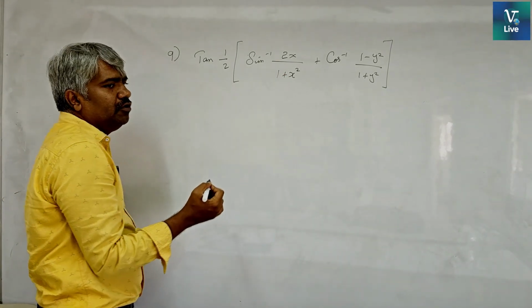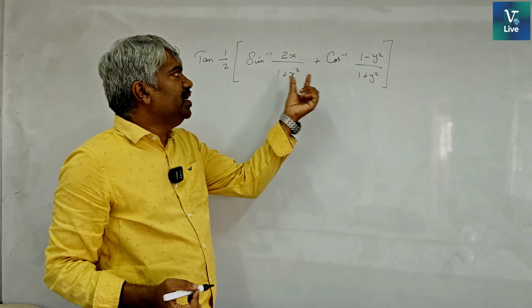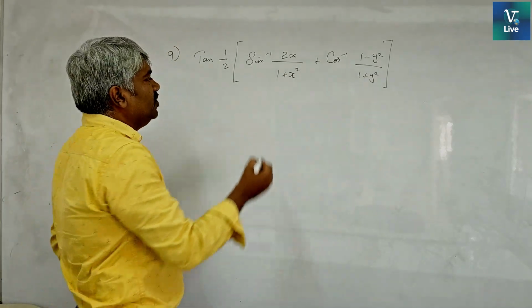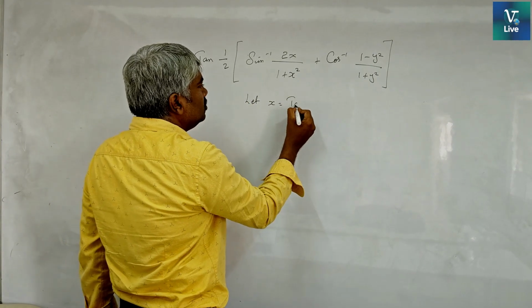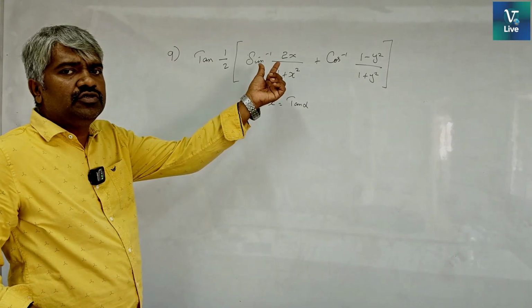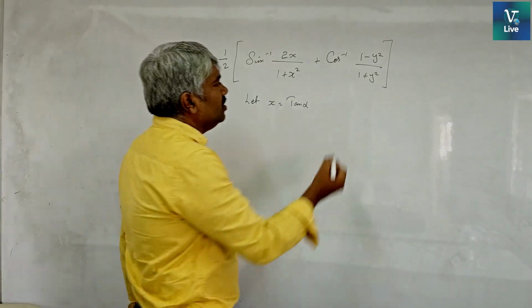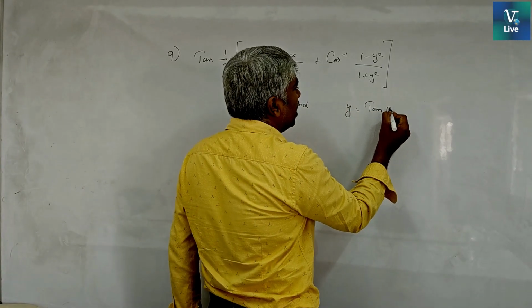Before converting, we have to assume some values for x and y so that it can be converted into the simplest form. So let x equal tan alpha, since we will be converting this into the sine 2 alpha formula. Next, y equal tan beta.